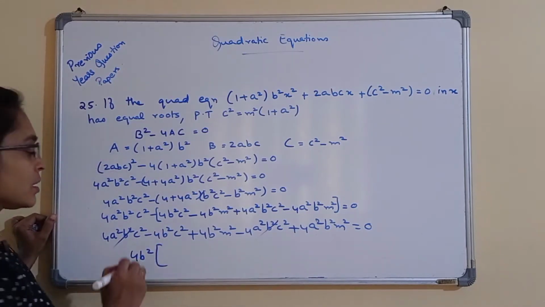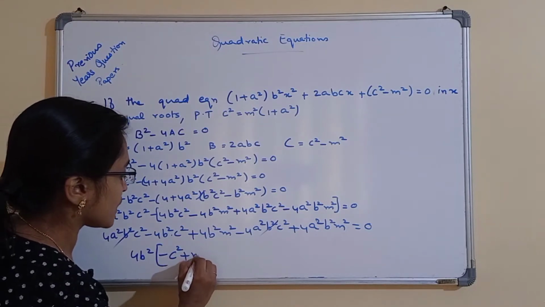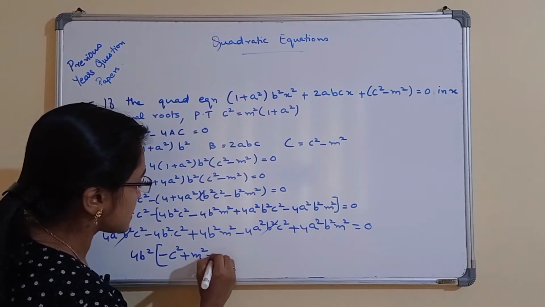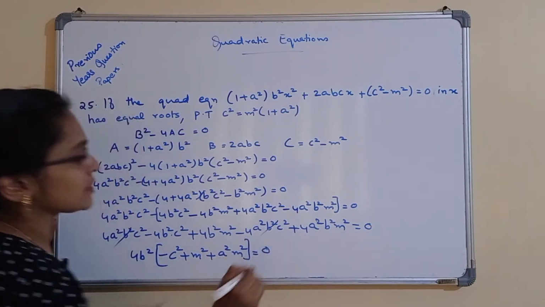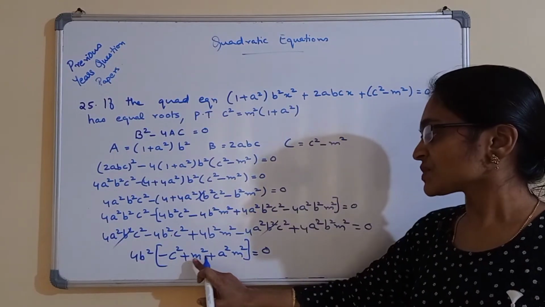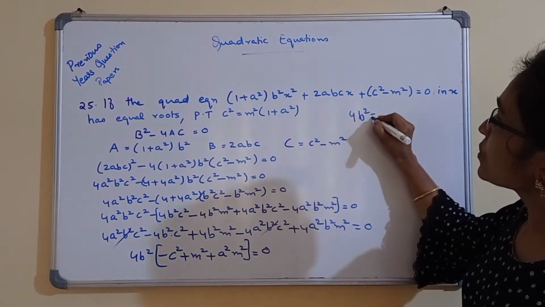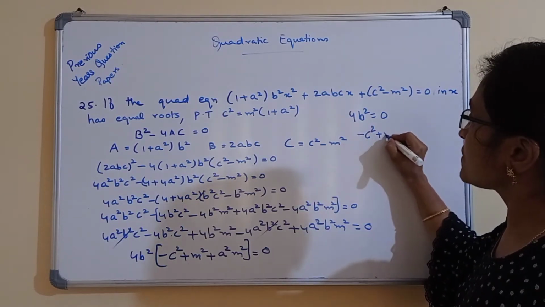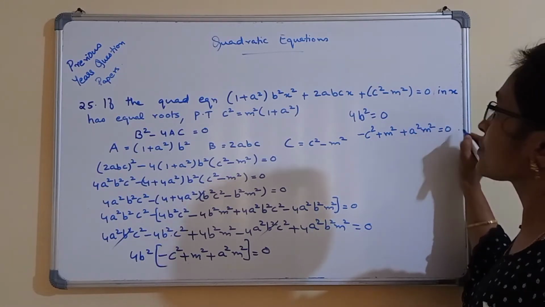We have 4b²(−c² + m² + a²m²) = 0, which means 4b² = 0 or −c² + m² + a²m² = 0.